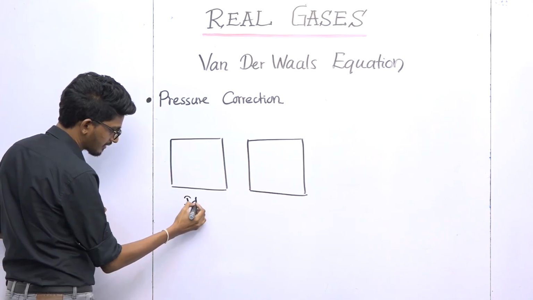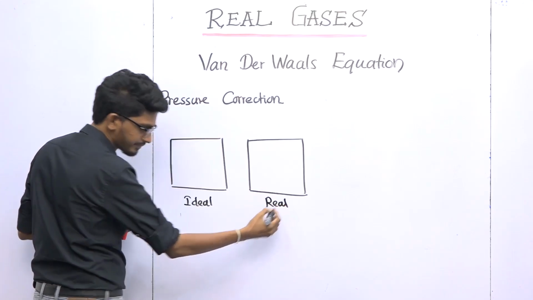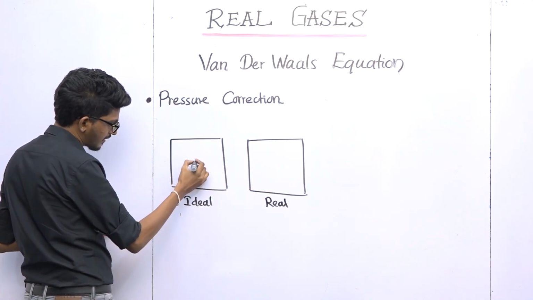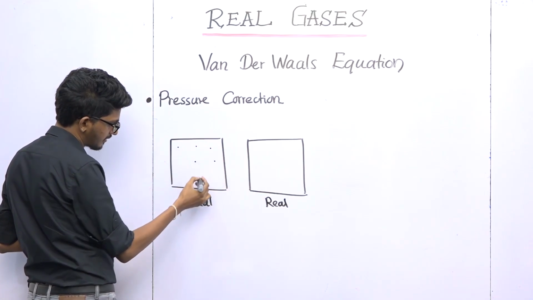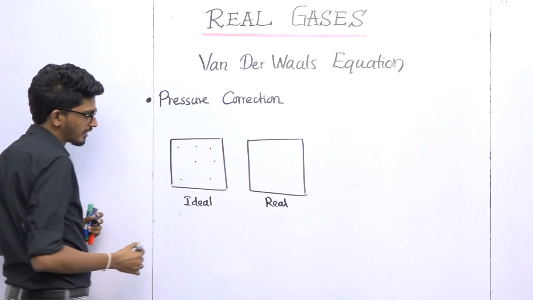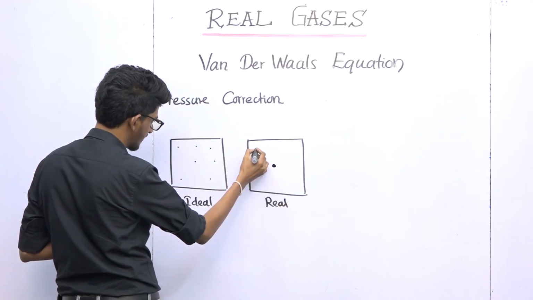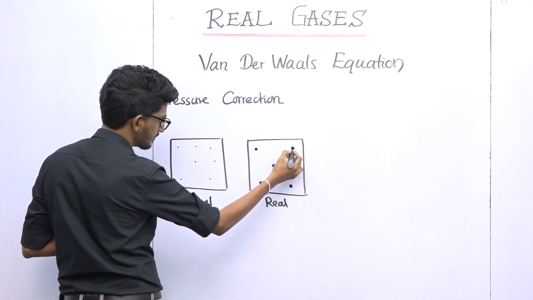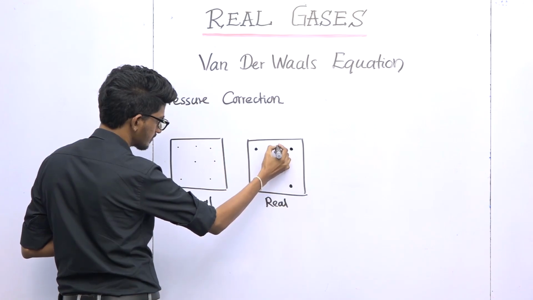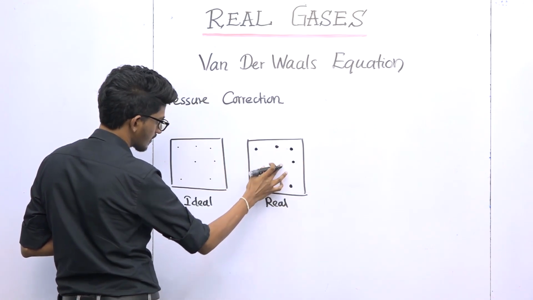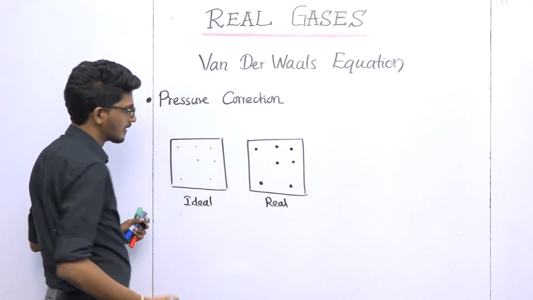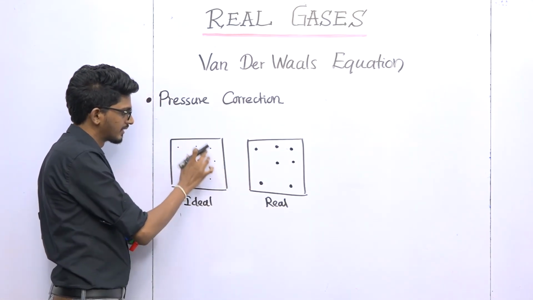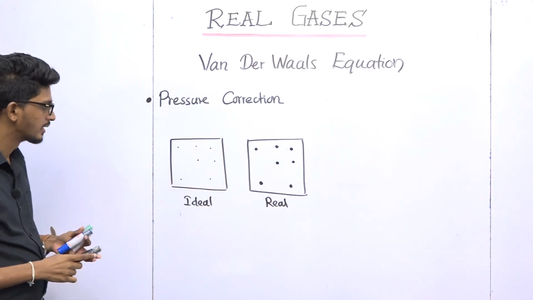I'm going to draw the same 5 particles for each. This is the ideal gas, and this is the real gas, where the particles are much larger. For the ideal gas, there are no intermolecular forces among particles.